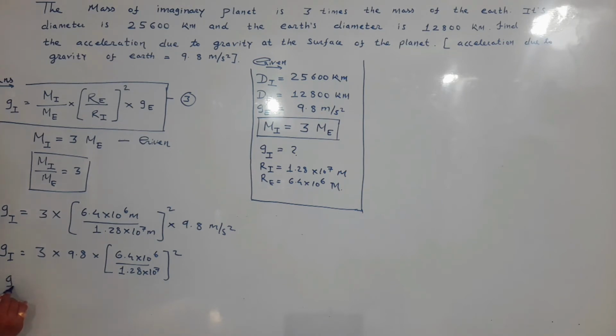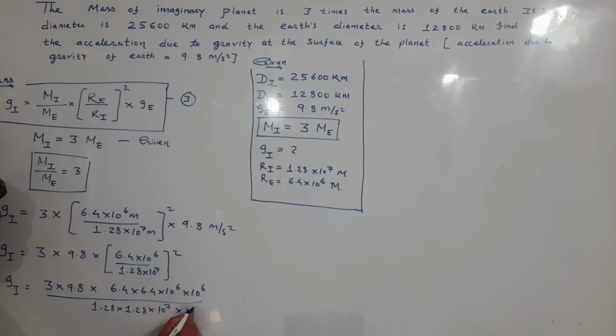So Gi is equal to 3 into 9.8 into, now my dear student, here we will remove the bracket, we will get 6.4 into 6.4 into 10 to the power 6 into 10 to the power 6, divided by 1.28 into 1.28 into 10 to the power 7 into 10 to the power 7.